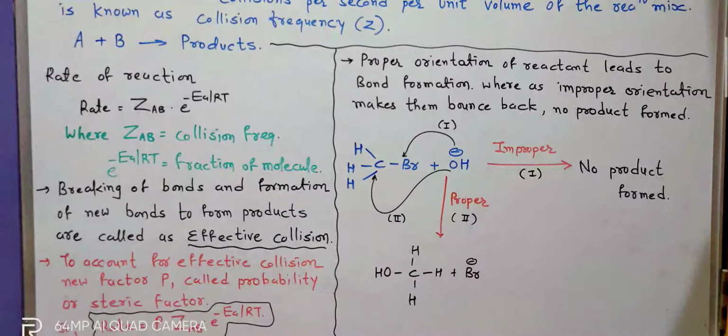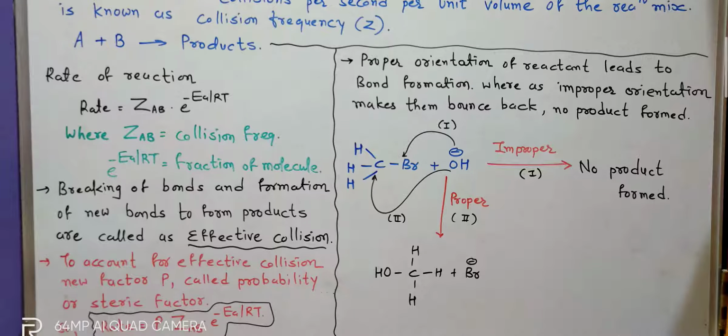Now in this collision theory, I told you that when two molecules collide with sufficient speed, after that the older bonds will break down and new bonds are formed. Breaking of bonds and formation of a new bond to form products are called effective collision.